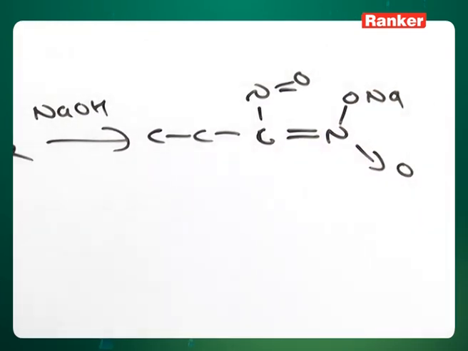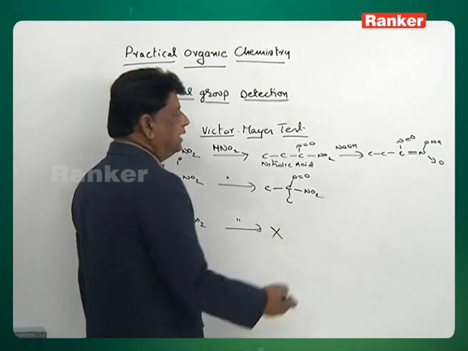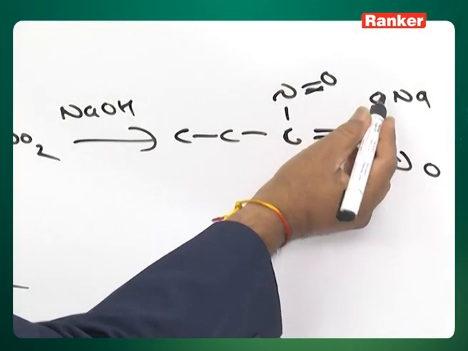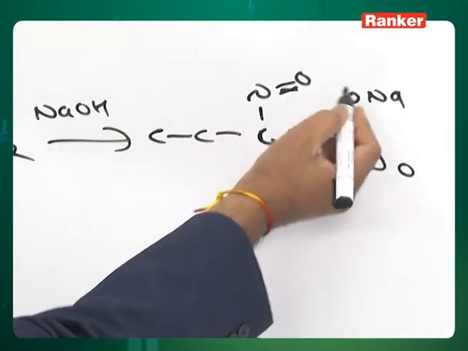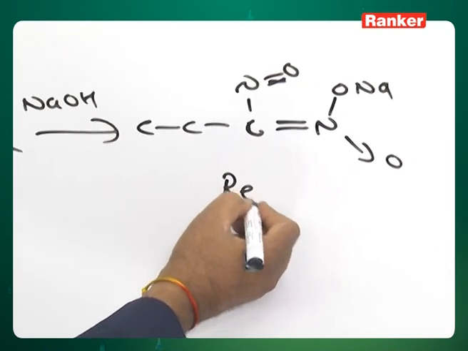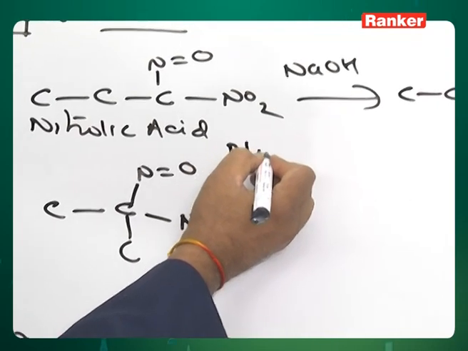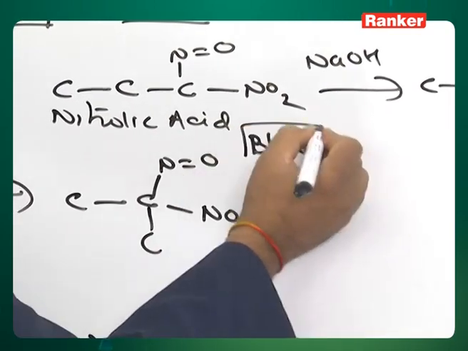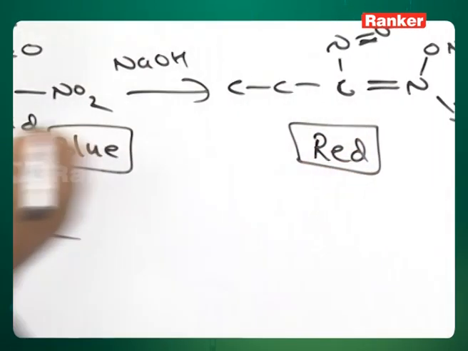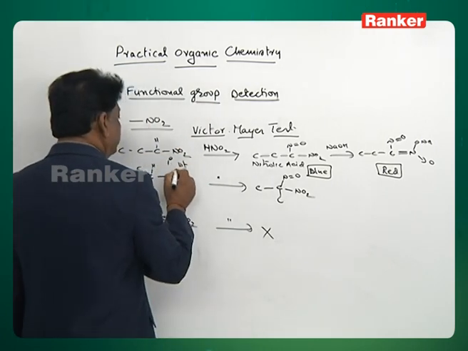A salt is formed with ONa, the salt will have an O minus, double bond, all in conjugation. So this salt will have a red color, the nitrolic acid has a blue color, and the original compound is colorless, people also say white color.